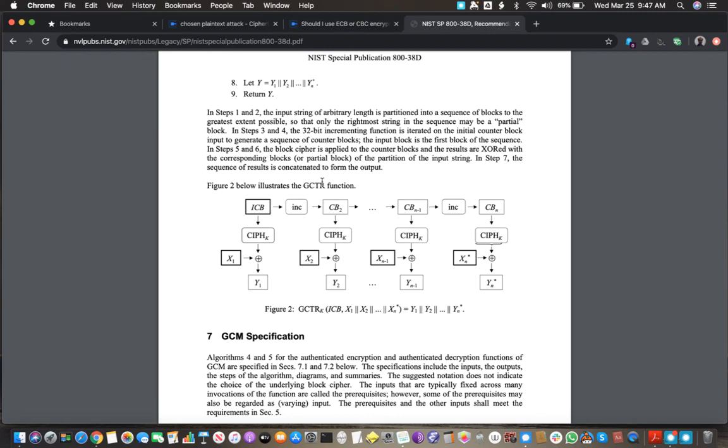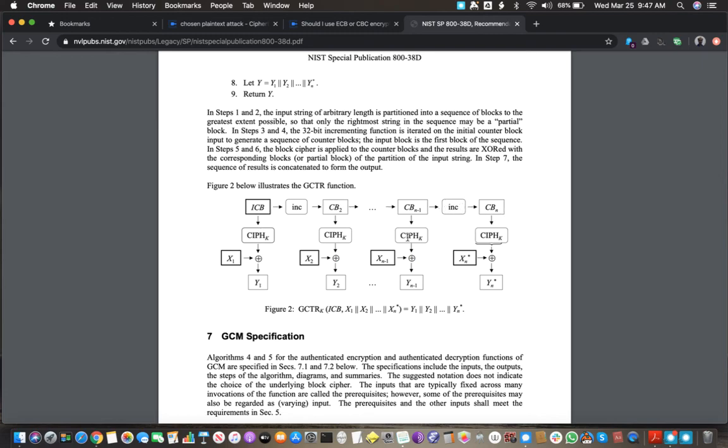They call it GCTR. And here you see, up to changes in notation, the same picture we had on our slides. So CIPH is the block cipher, we call that E. This ICB is what we call C0, the initial random choice. INC is the +1 operation. So when you do that, you get what we call C0 plus 1 and C0 plus 2 and so forth by continuing these INCs to get here.